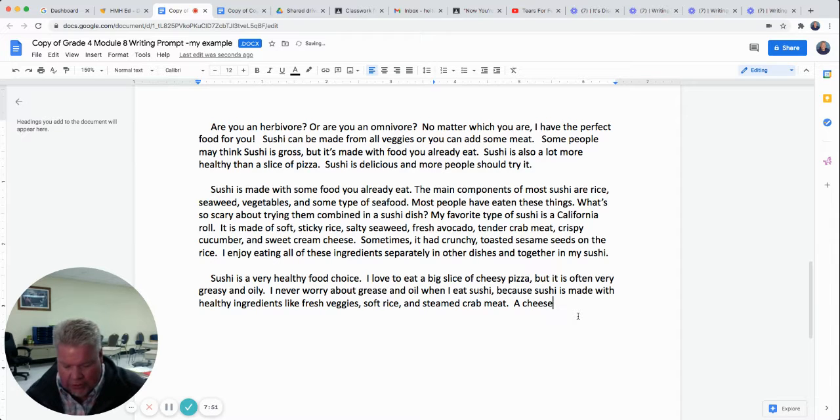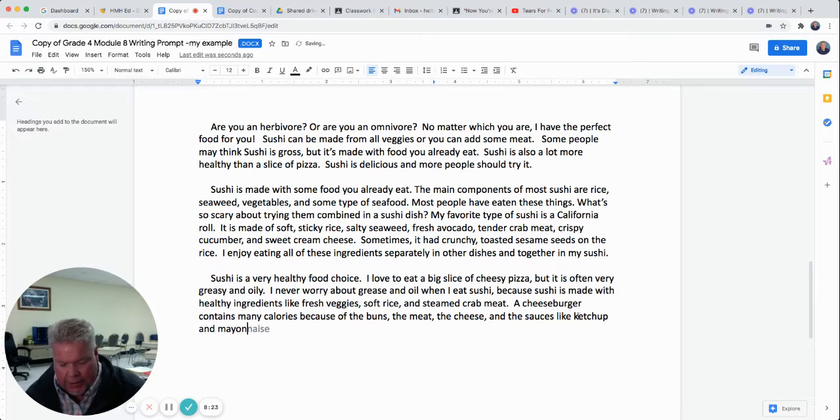A cheeseburger contains many calories because of the buns, the meat, the cheese, and the sauces like ketchup and mayonnaise.